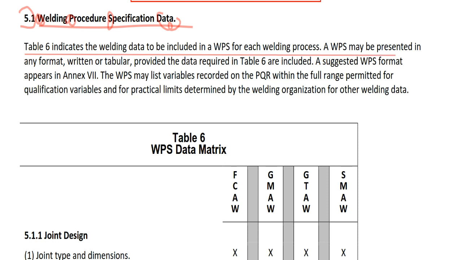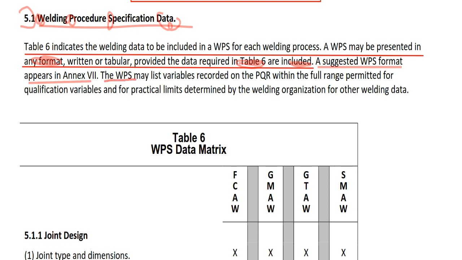The WPS may be presented in any format, written or tabular, provided the data required in Table 6 are included. So the WPS can be made in any format, but the data in Table 6 should be included. The suggested WPS format appears in Annex 7.